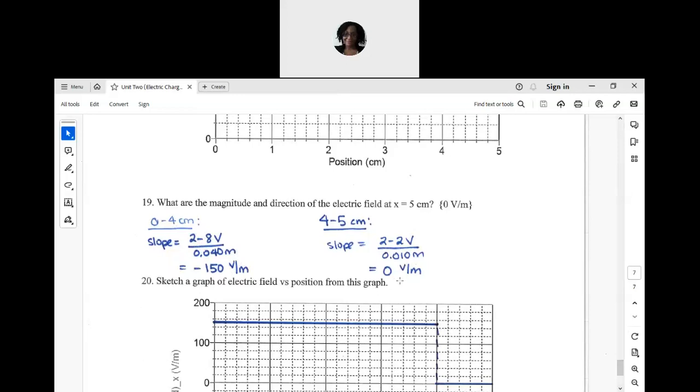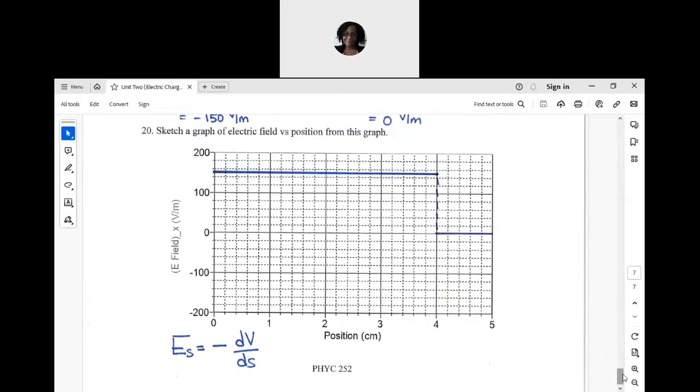And then you have a horizontal section, so that's a 0 slope. That means that the electric field is constant over the first 4 centimeters, and then a different constant value over the last centimeter. I can take negative 150 volts per meter and then multiply through by -1 to turn that into 150 volts per meter.